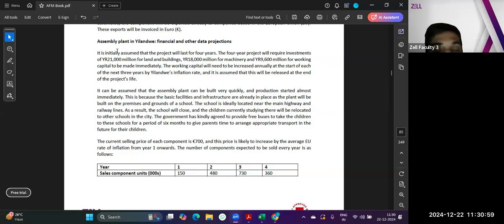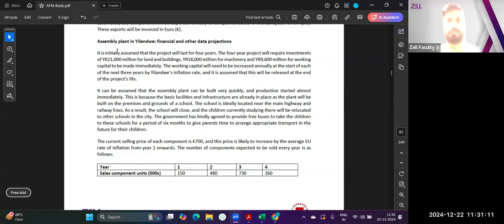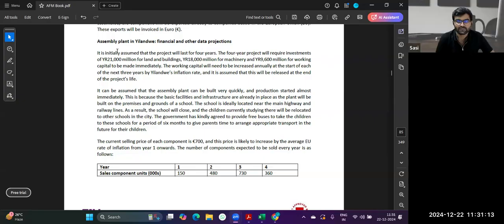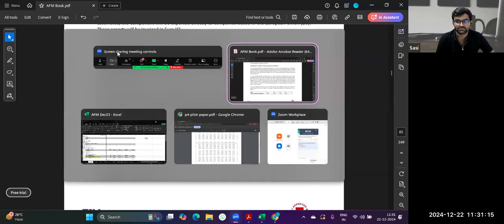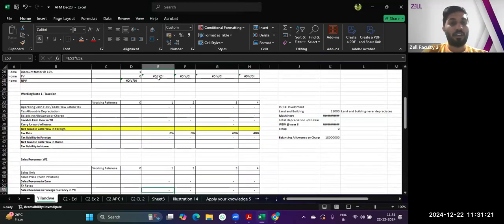First, I need to calculate the free cash flows in the Yelandwe company, correct? How will you do it? Start with sales revenue, then deduct variable cost. So first I need to fill in my sales revenue. What is the question saying on sales revenue?